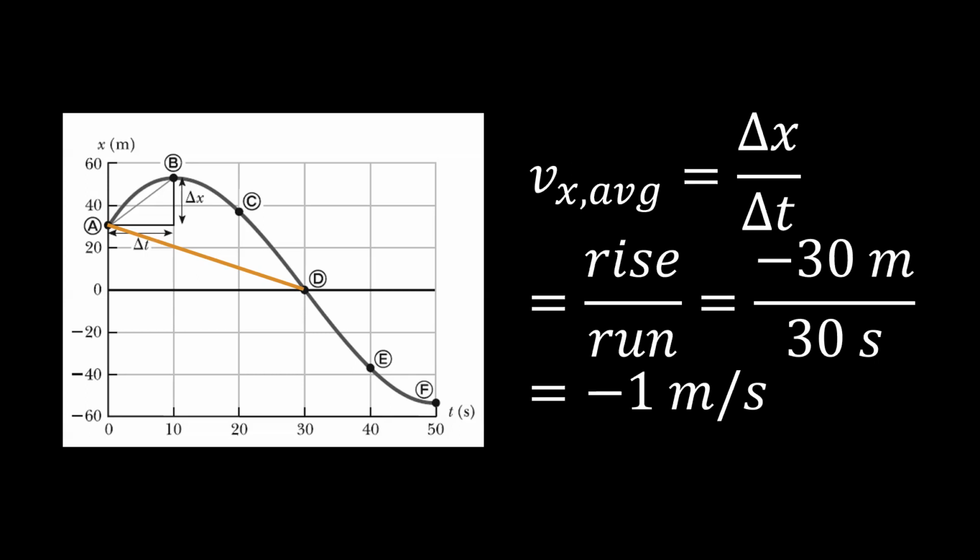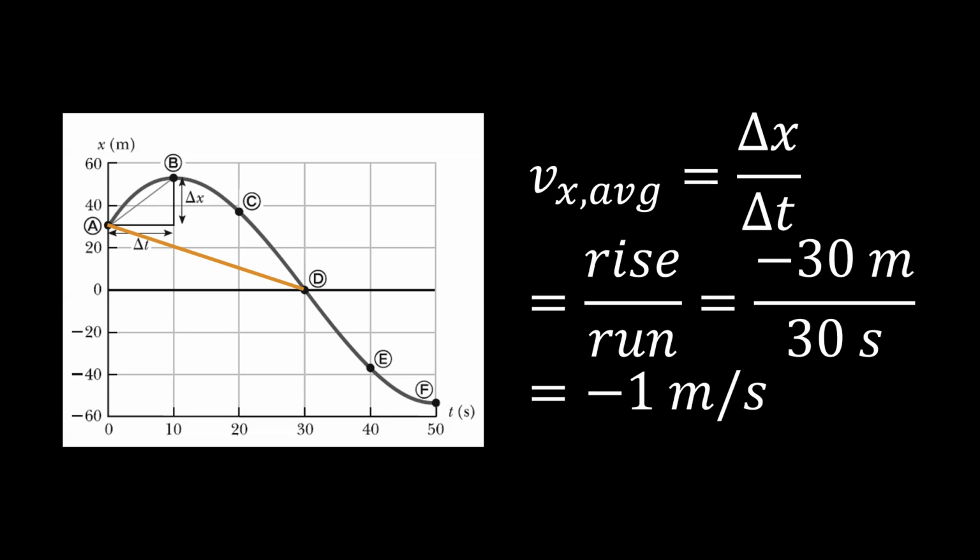To solve this problem, we note that the slope of this line is the average velocity, rise over run. Our rise is the displacement, which happens to be the final minus the initial position, or 0 minus 30. That's why we get negative 30 meters for our displacement.